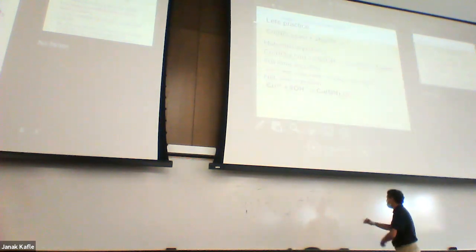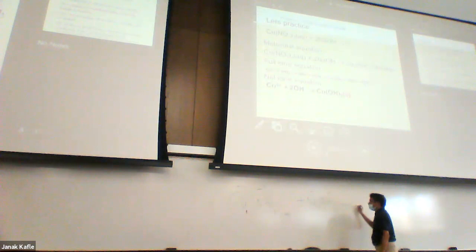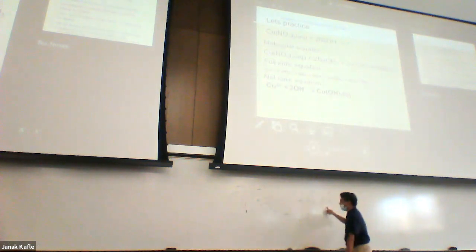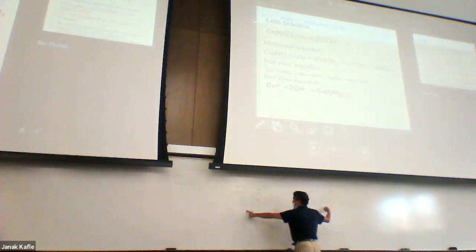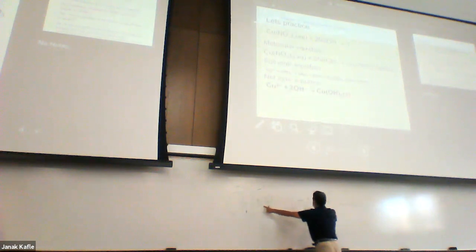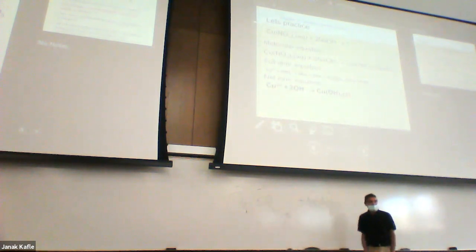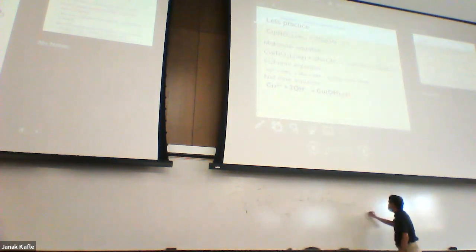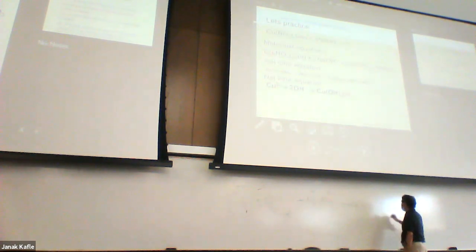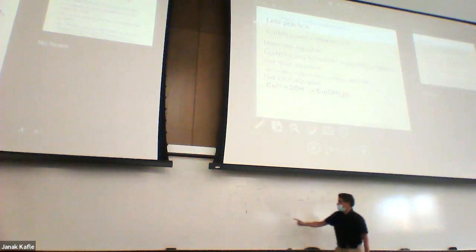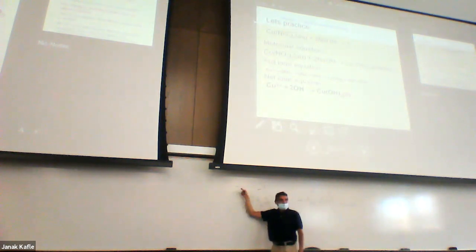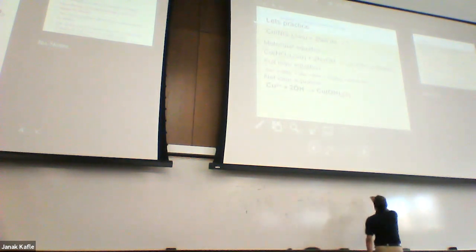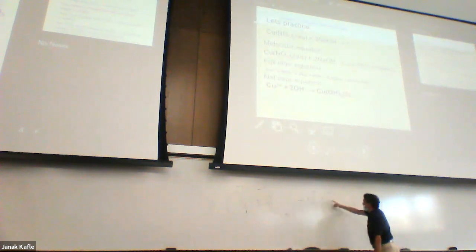Now let's exchange the plus and minus. So this behind guy is going to sit with the front guy. And this behind guy is going to sit with this front guy, right? Make sense? So I'm going to exchange this. Cu is the front guy, and OH I have here. Now, how much charge Cu has here? +2, right? And how much charge OH has? -1.